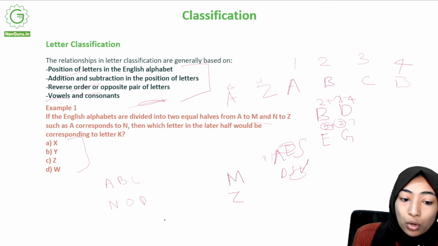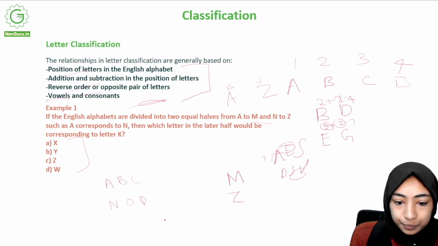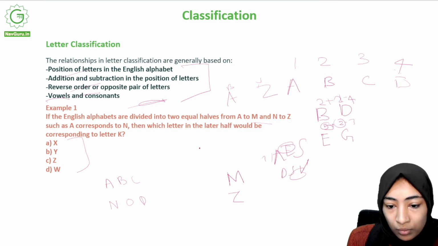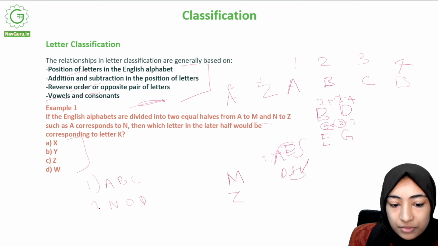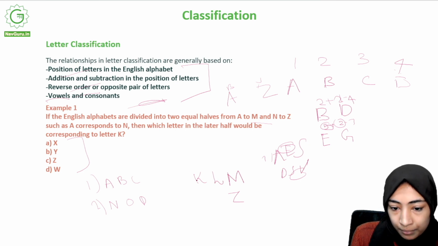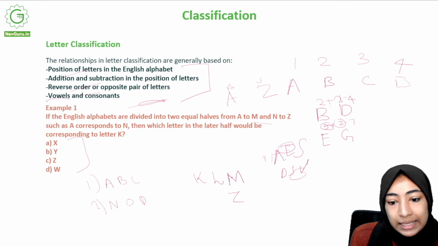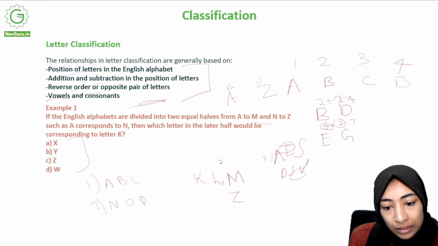Now we need to see what would correspond to K. So which half would K come under? K would come under this first half, right? So this is the first half, this is the second half. So K comes here: J, K, L, M. You have K, L, M. Basically, this is the third last letter in the first half.